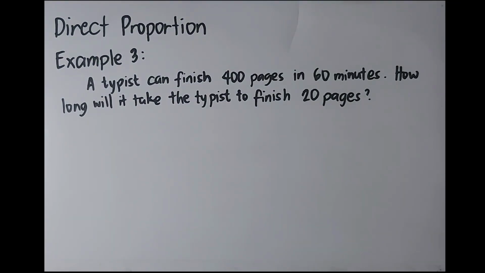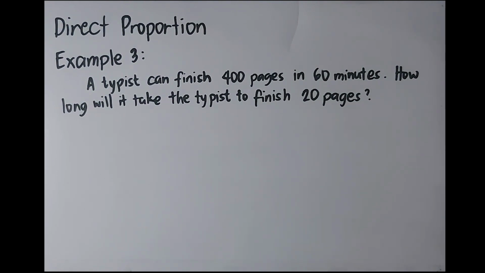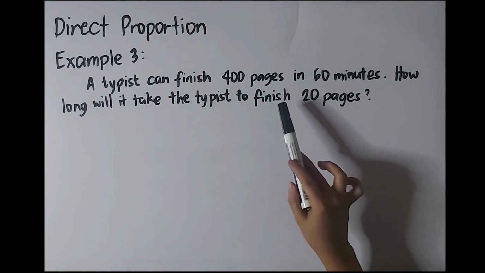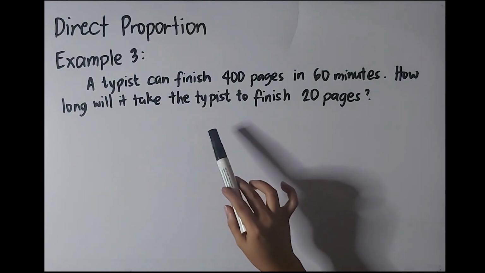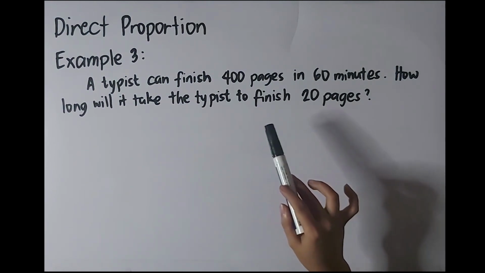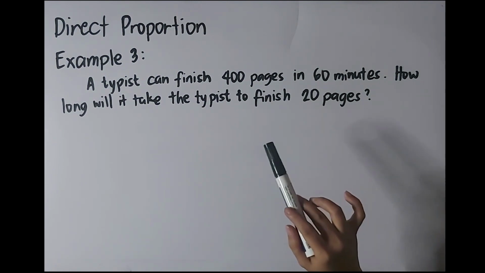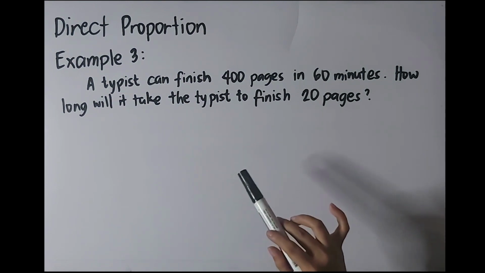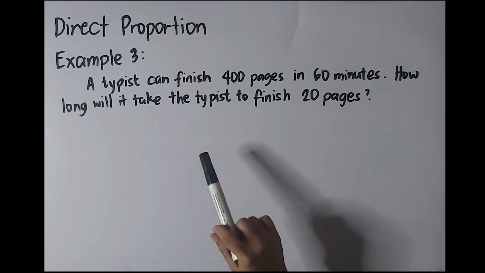Now, for our last problem, an example for direct proportion, let's have this problem. A typist can finish 400 pages in 60 minutes. How long will it take the typist to finish 20 pages? So, the typist is the one that encodes documents in the computer.